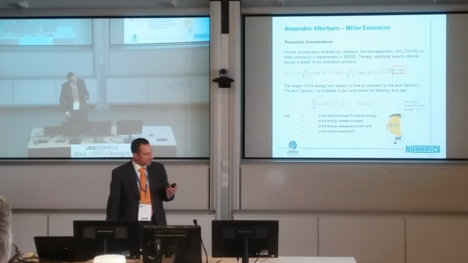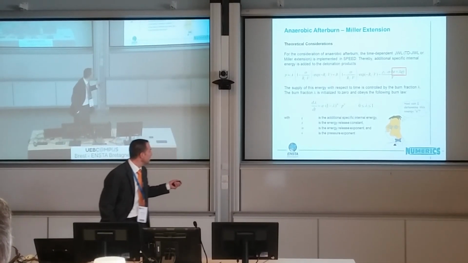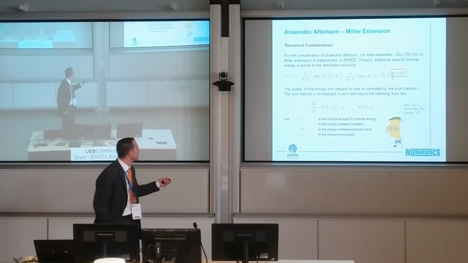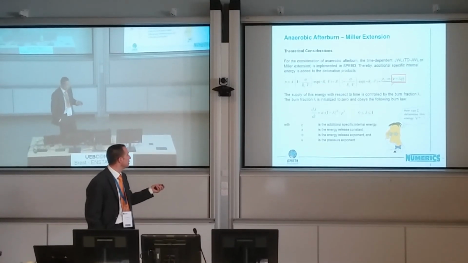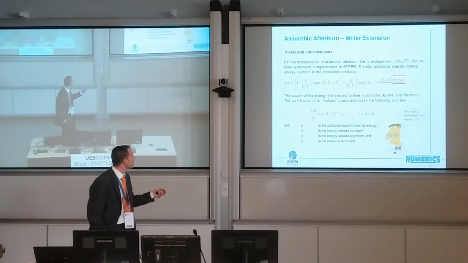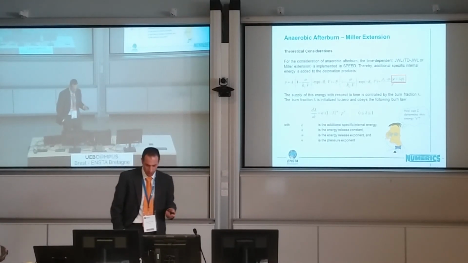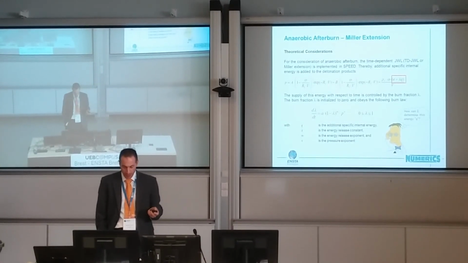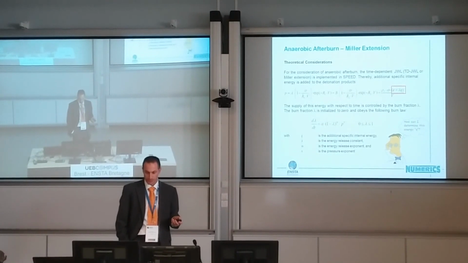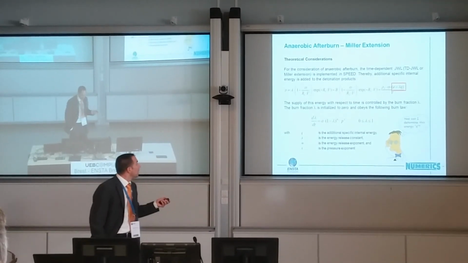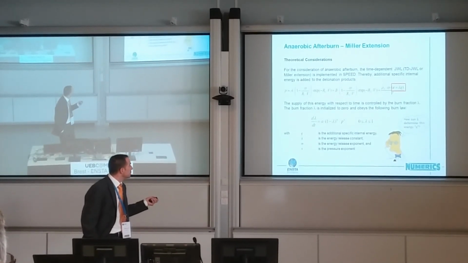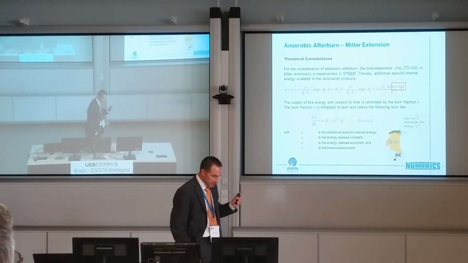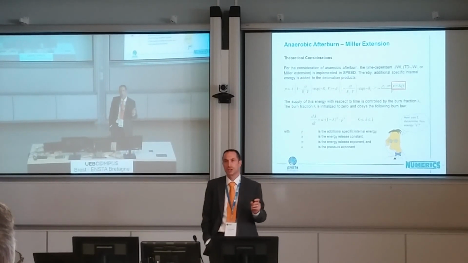And in the Miller extension, or time-dependent JWL, this burn rate is formulated as a relatively simple power law, also depending on the current pressure. The Q, the additional energy itself, is usually again taken from thermochemical calculations.